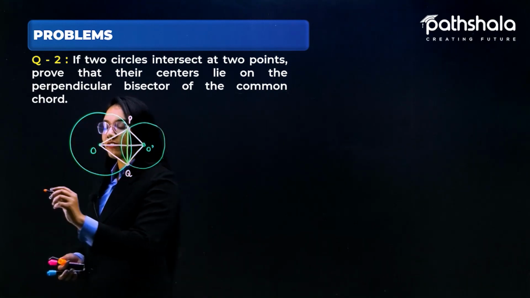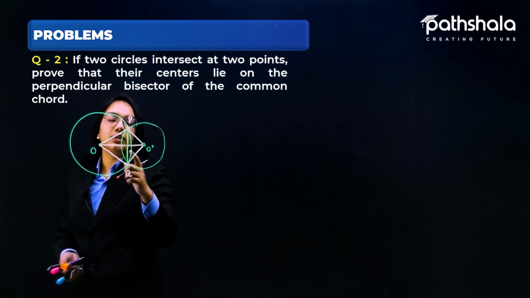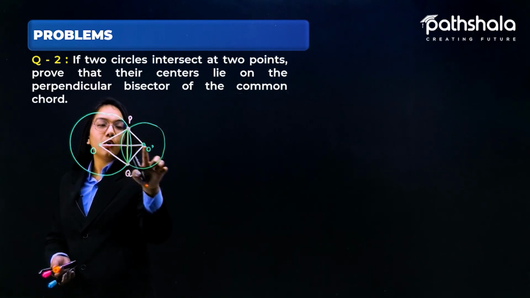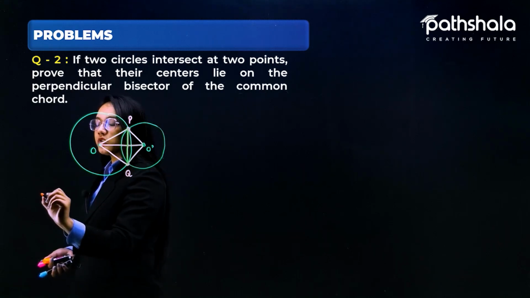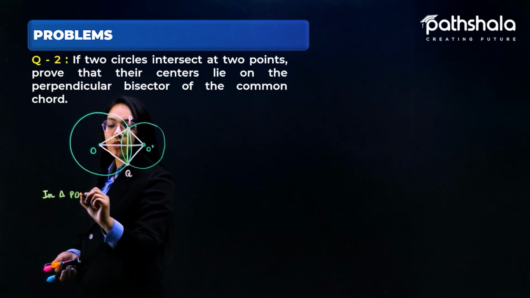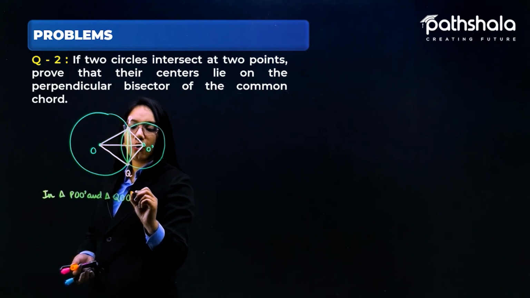Let us start with the two triangles that are formed: triangle POO dash and triangle QOO dash.